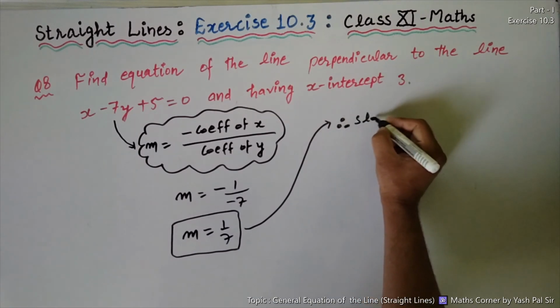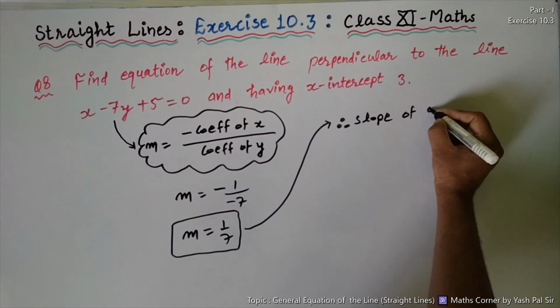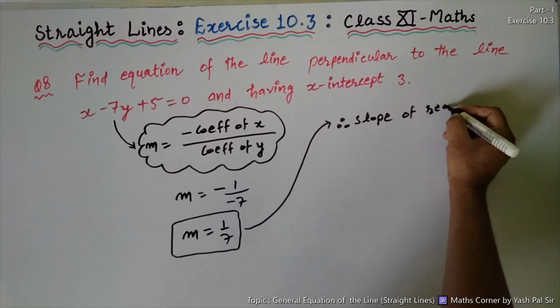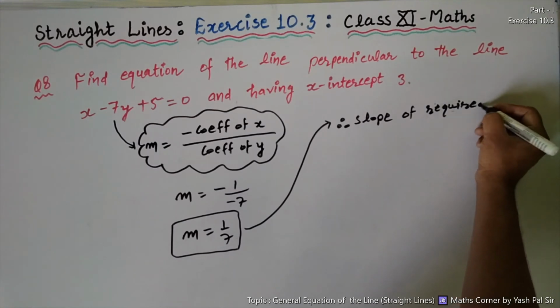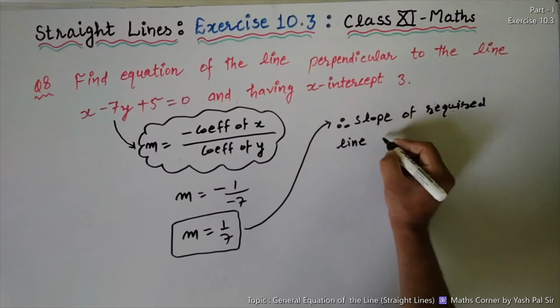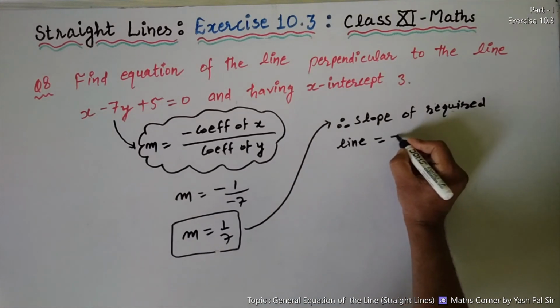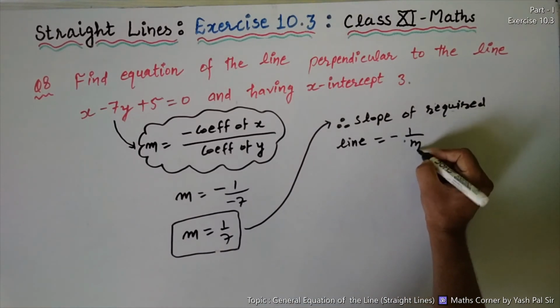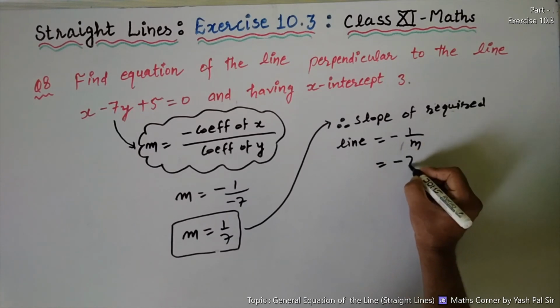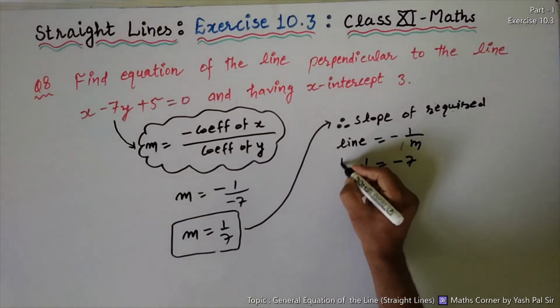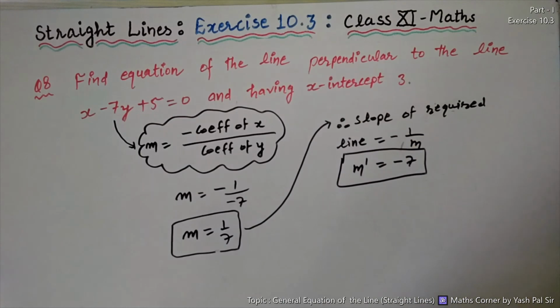But the required line is perpendicular to the given line. So the slope of the required line will be the negative reciprocal, minus 1 upon m, that is equal to minus 7. So suppose this is m dash.